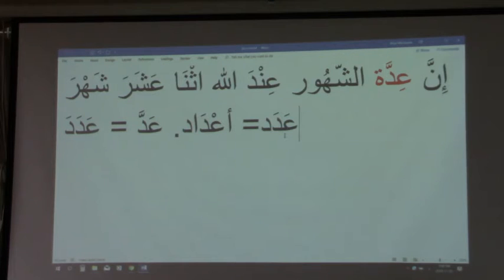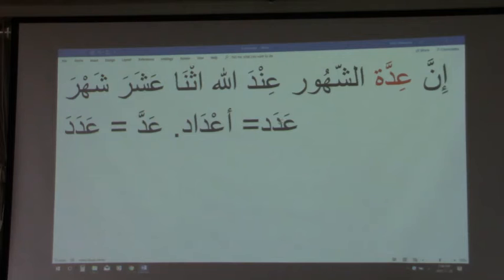Now if I ask you, what is a counter? Adid. Right? But of course we don't say adid, we say ad. Ad means counter. Let me repeat again. What is idda? Counting numbers.